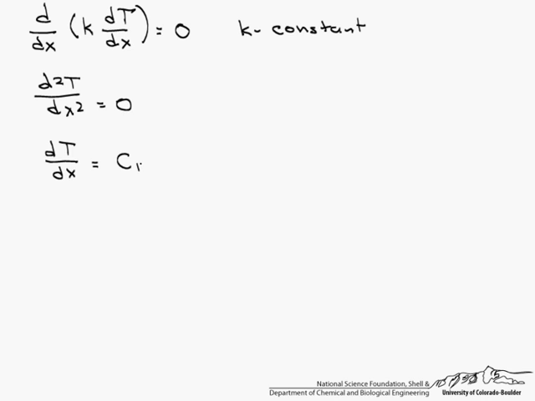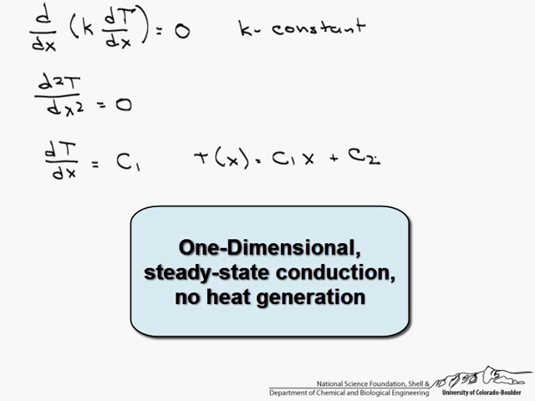And then we do it again, and we find that T of x equals C1 x plus C2. This is what it's always going to look like if you have one-dimensional steady-state conduction with no generation.